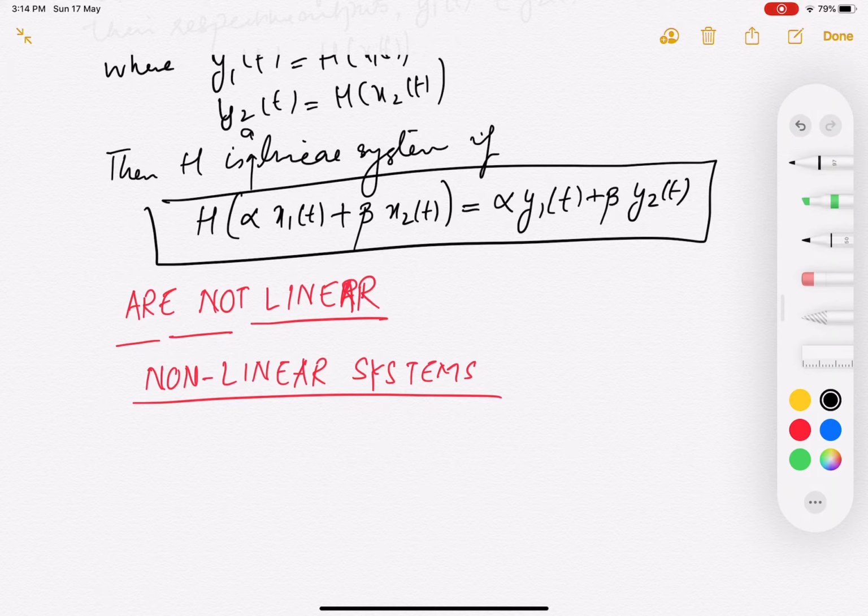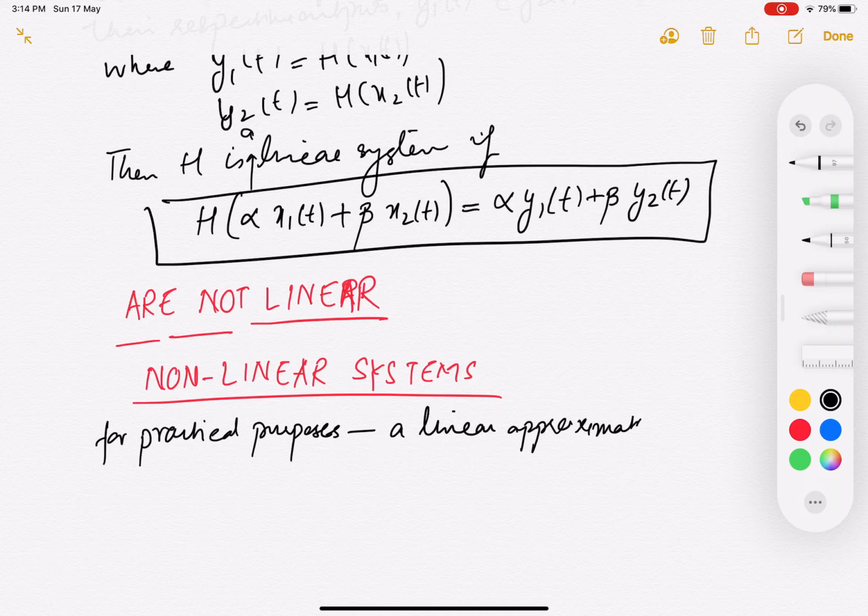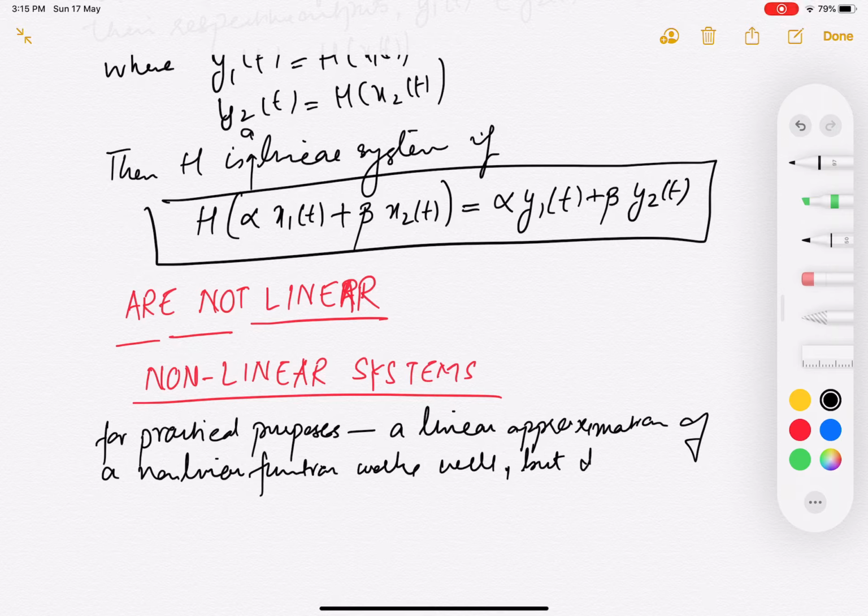So then the question that automatically arises is, why do we study linear systems? It is because for practical purposes, a linear approximation of a nonlinear function works well, but it does not work under certain conditions.